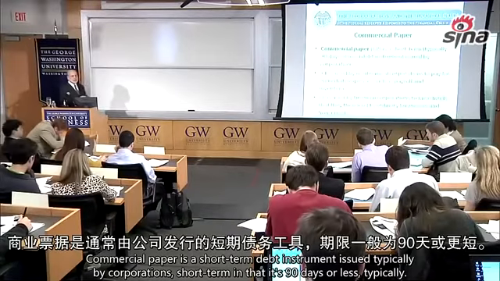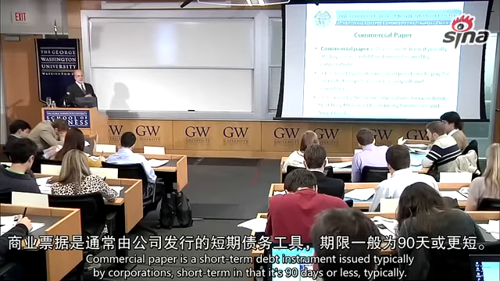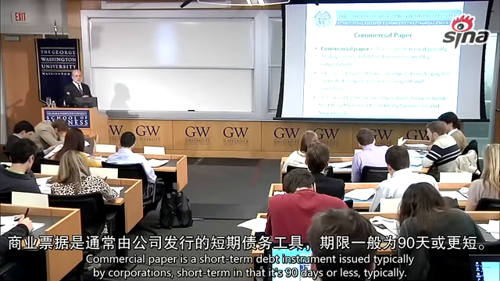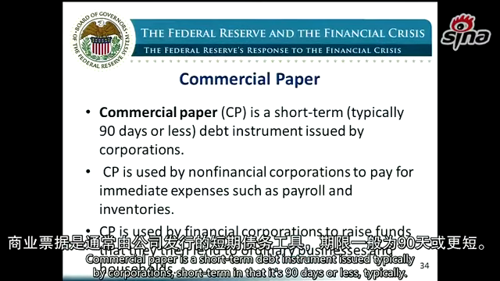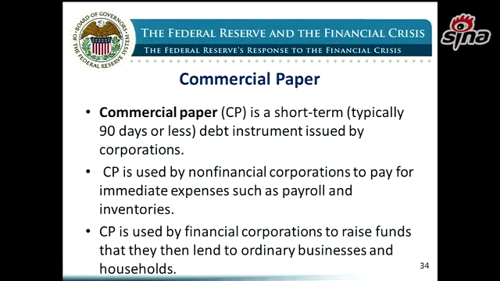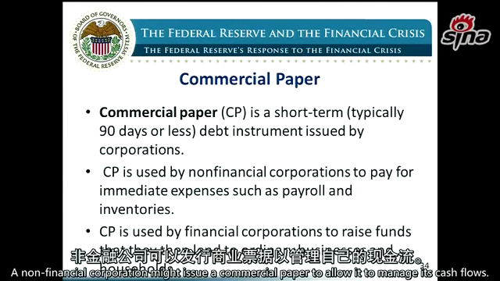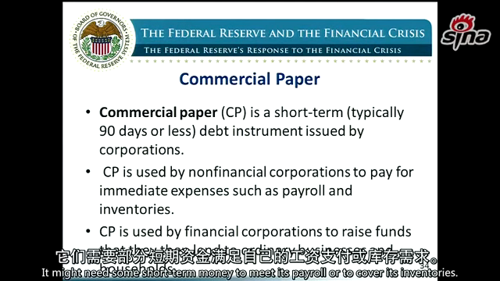Commercial paper is a short-term debt instrument issued typically by corporations, short-term in that it's 90 days or less, typically. A non-financial corporation might issue commercial paper to allow it to manage its cash flows. It might need some short-term money to meet its payroll or to cover its inventories.